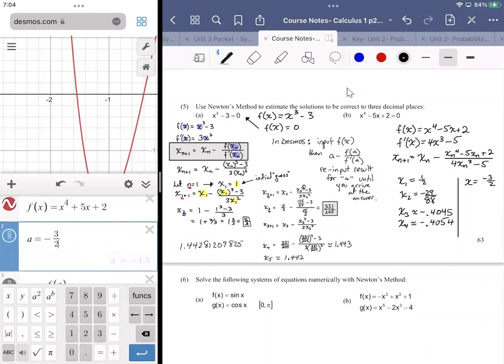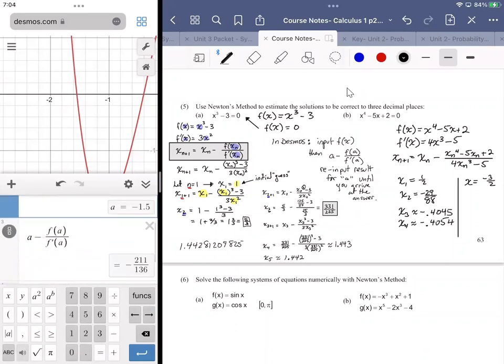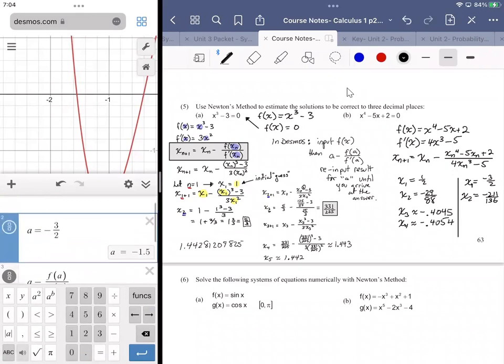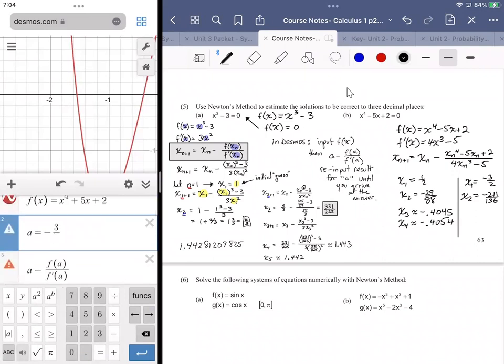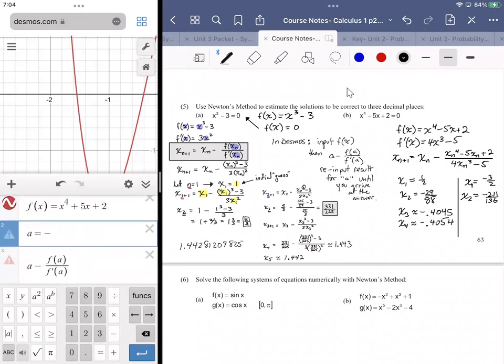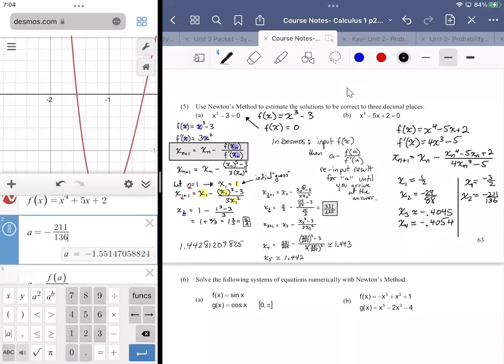So negative 3/2, that would be my first entry. My second one, negative 211 over 136, sorry, I wanted it to be 136. So negative 211 divided by 136.